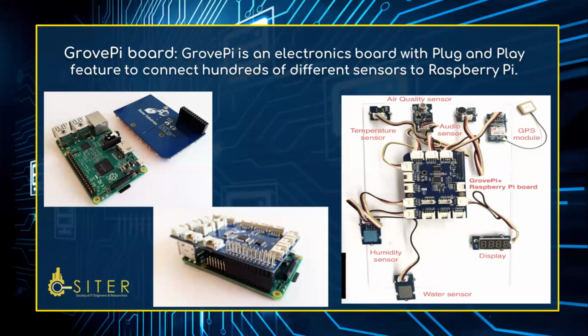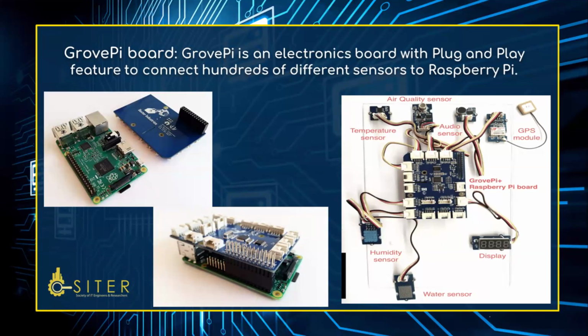For example, in any advanced system, like a full organizational implementation, we have hundreds of sensors. So how are we going to connect all these hundreds of sensors to a particular board? But the Grove Pi board is a good electronic board, and we can connect many different sensors at the same time.